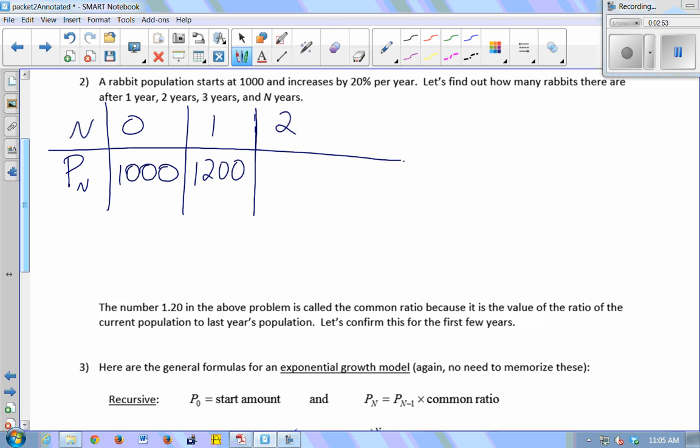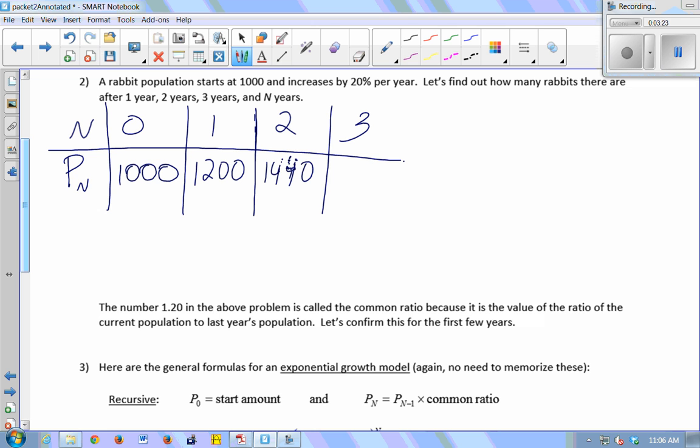All right, year 2. I have 1,200 rabbits now. I have to increase that by 20%. So 10% of 1,200 is 120, and then double it is 240. So I have to add to my 1,200 that I already have 240 rabbits. So that's 1,440. Year 3.